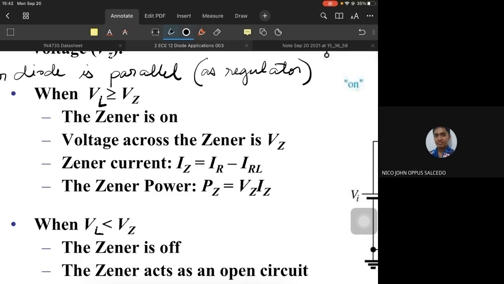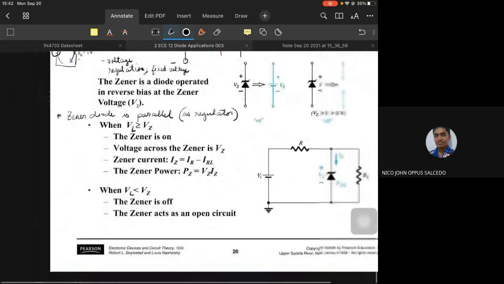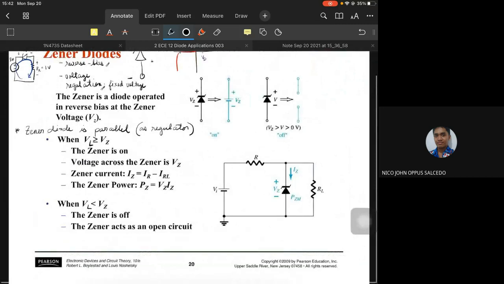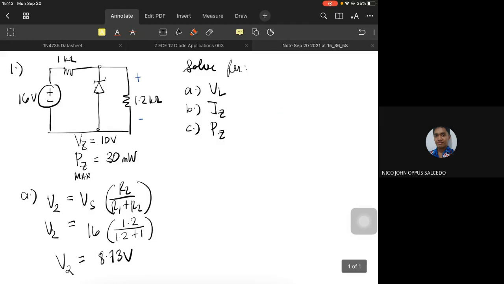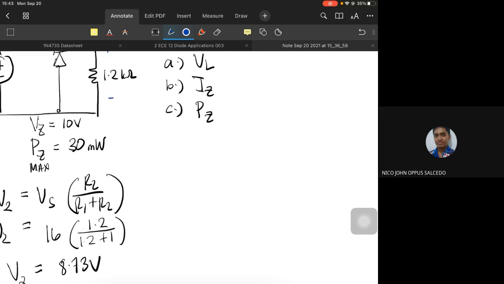If the load voltage is greater than VZ, then the Zener is on. But if it's less than VZ, it's off. In our example, how much is VZ? 10 volts. But the voltage across the load is only 8.73. So what would happen? The Zener diode is off.